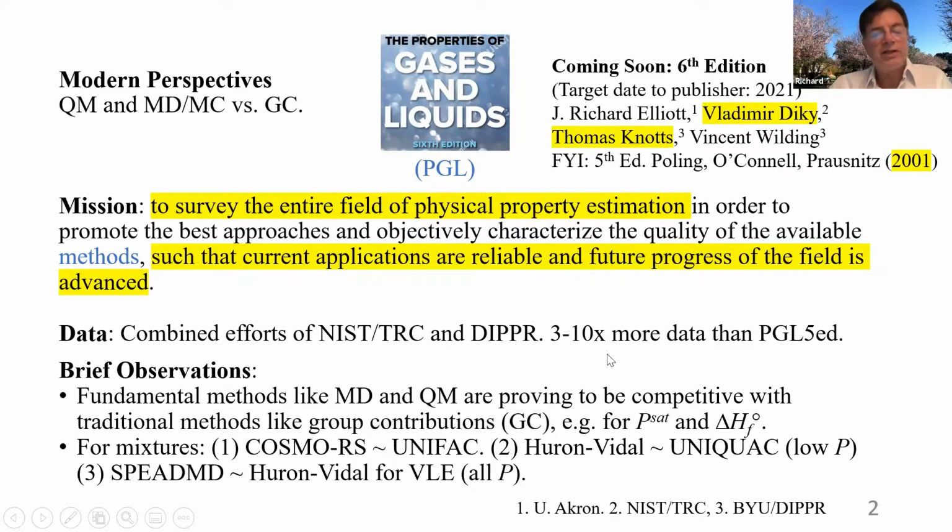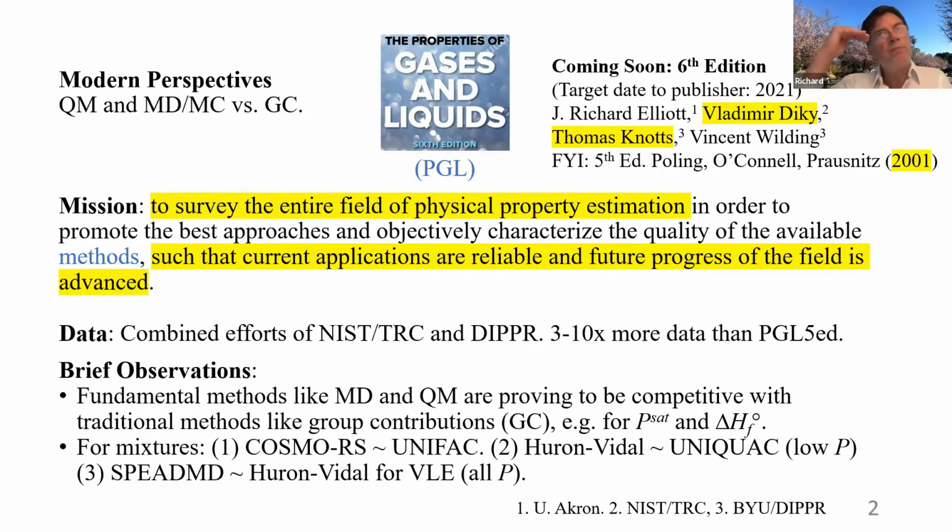Something we're doing with a stronger emphasis in this edition is we've enlarged the databases by bringing in representatives, co-authors from the National Institute of Standards and Technology and from the AIChE DIPPR compilation project. DIPPR focuses mainly on pure compound properties, and has about 2,300 compounds in there.